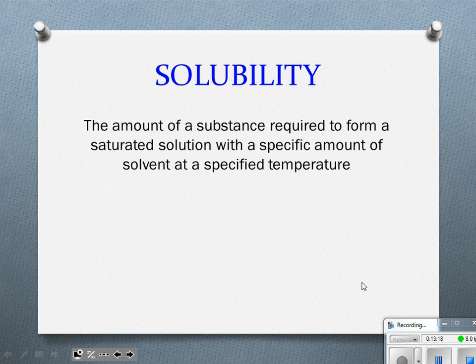The amount of the substance required to form a saturated solution with a specific amount of solvent at a specified temperature.